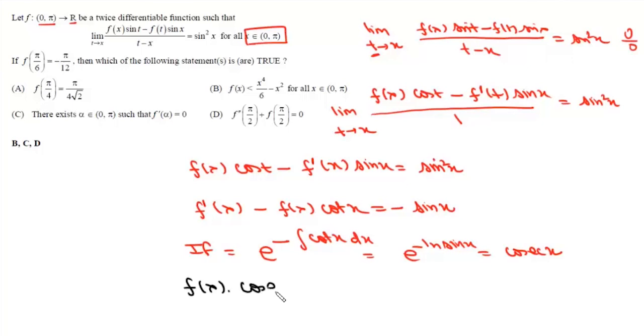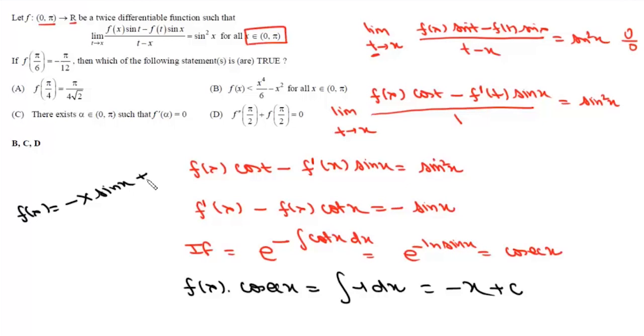So we solve this integral, and we'll get f(x) into cosec x equal to the integral of minus sin x into cosec x. So it will be the integral of minus 1 dx, which is minus x plus c. So we can write this function f(x) as minus x sin x plus c sin x. Now we are given that f(pi/6) is minus pi/12.